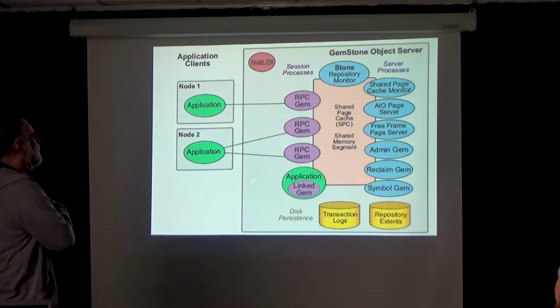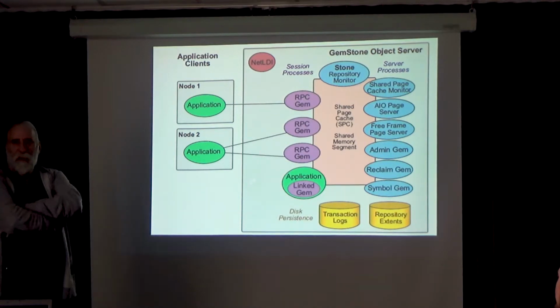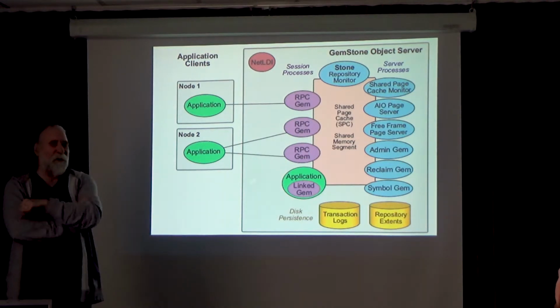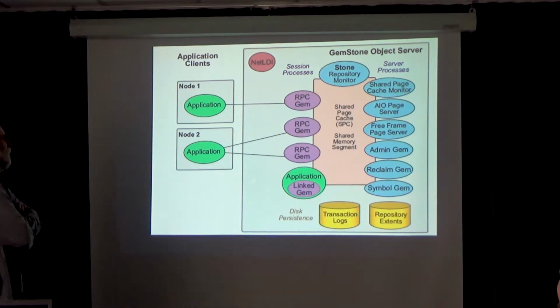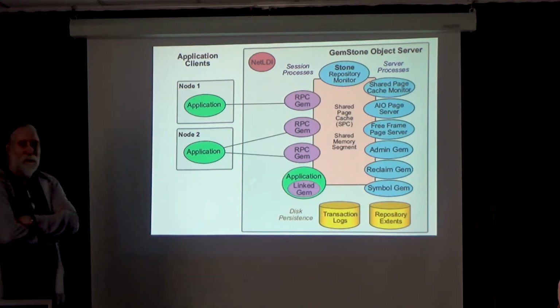Anyway, this is a picture of the Gemstone process map of what goes on in Gemstone, and it's not your standard Smalltalk. I guess it's not your grandfather's or your father's or your son's Smalltalk, because basically what Gemstone is aimed at is having very large images.